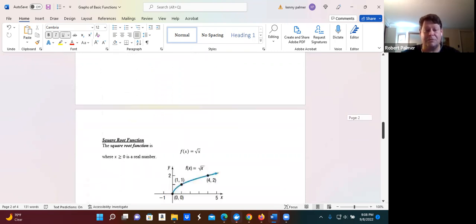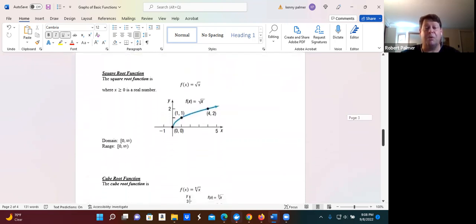Next is the square root function. As it sounds, you plug in x, you take the square root of x. Here, x is a real number, and x has to be greater than or equal to 0. Remember, when we're working with real numbers, we can't take the square root of a negative number, and that affects our domain. For this graph, plug in 1, the square root of 1 is 1.